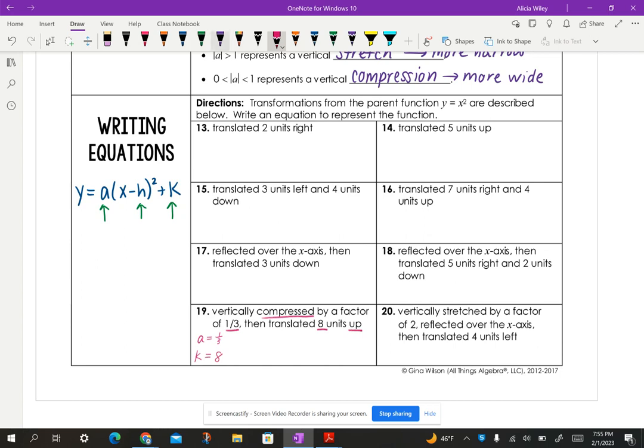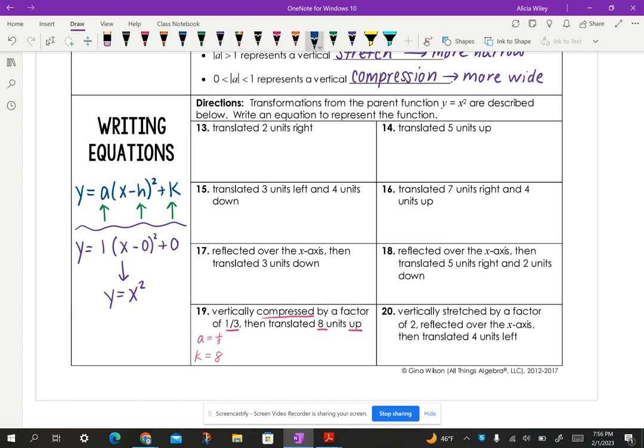And remember, in the parent function, the a value is 1, the h value is 0, and the k value is 0. That's why the parent function reduces to y equals x squared. So if you don't have a reflection, don't make the a negative. If you don't have a shift left or right, don't add in an h value.